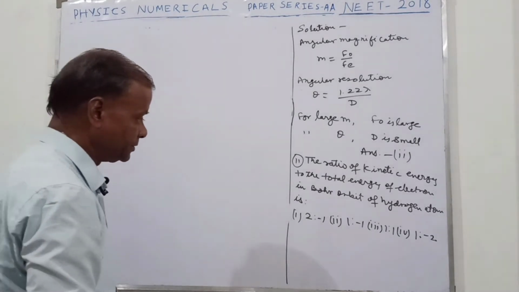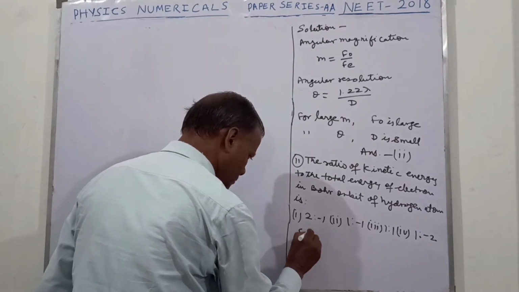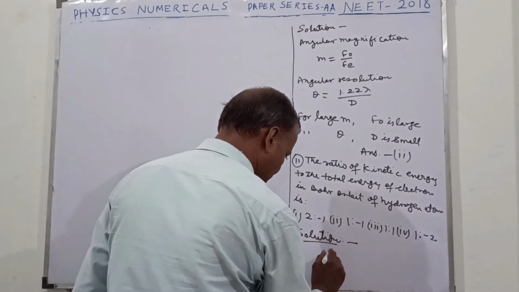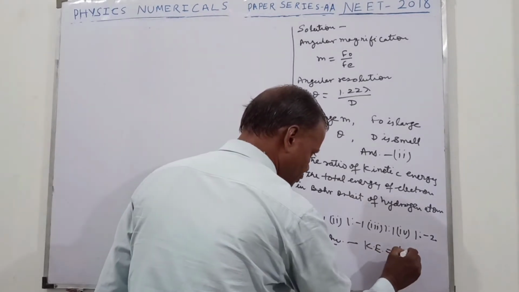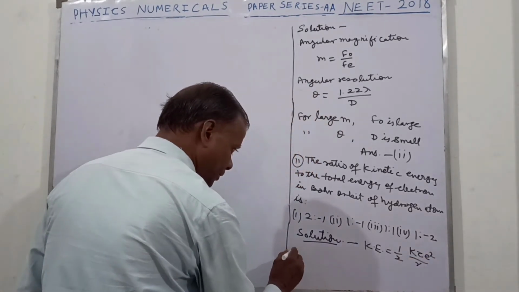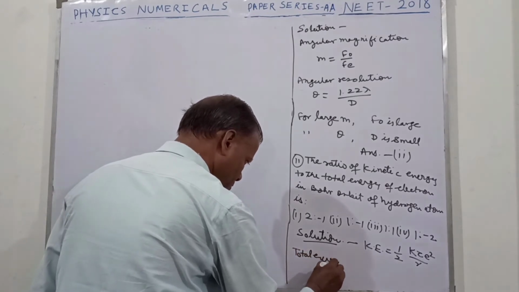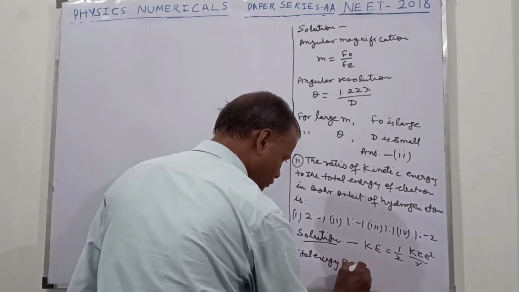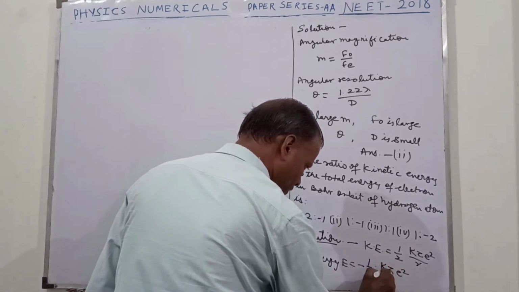So the kinetic energy we know is equal to 1/2 kZe²/r, and total energy E is equal to -1/2 kZe²/r.